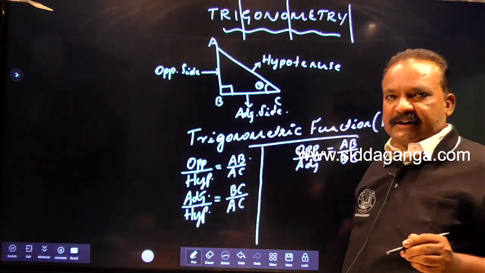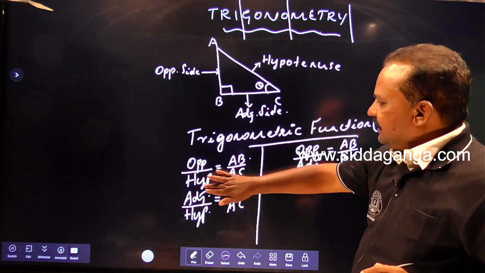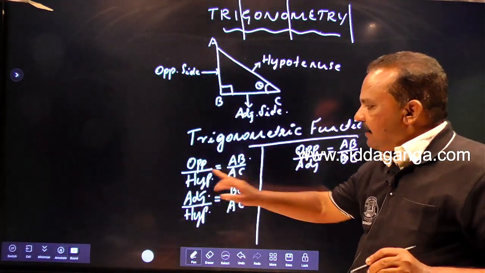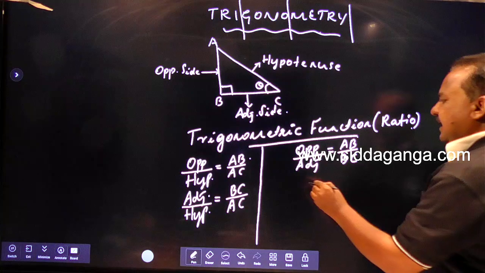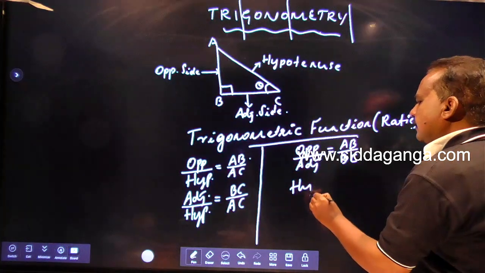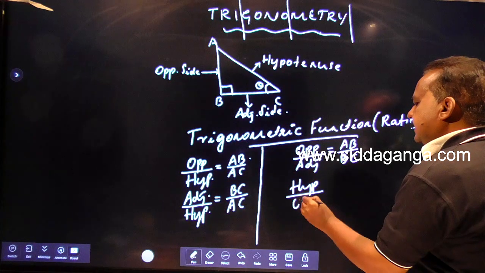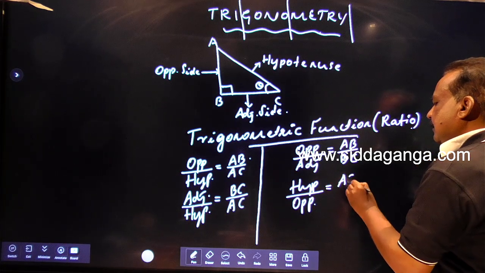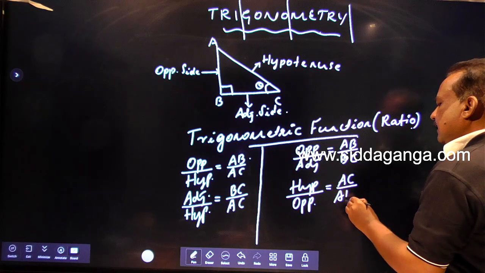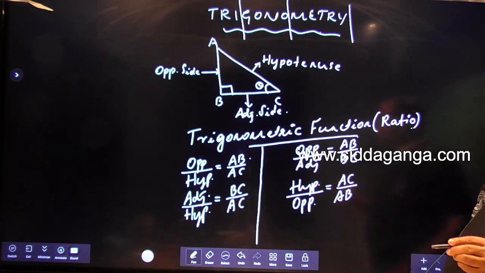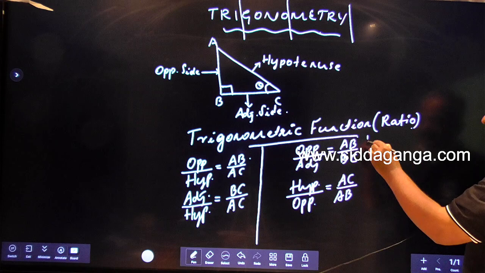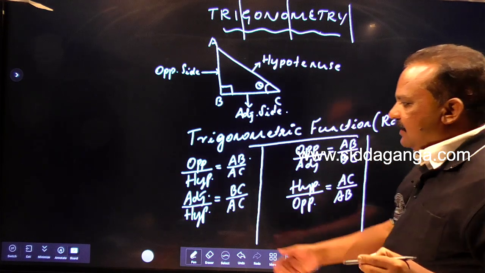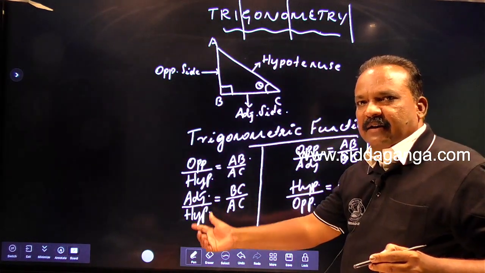This is another ratio. If you take the reciprocal of this, opposite by hypotenuse, then what do you get? Hypotenuse by opposite. What is hypotenuse? AC by AB. This is one more ratio. You can take the reciprocal of the ratio adjacent by hypotenuse.